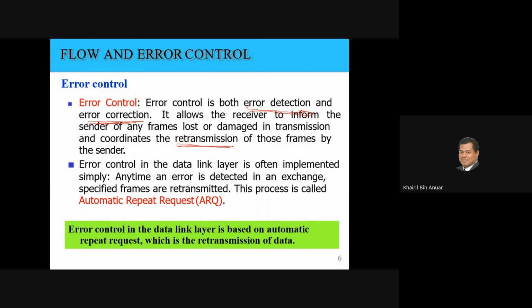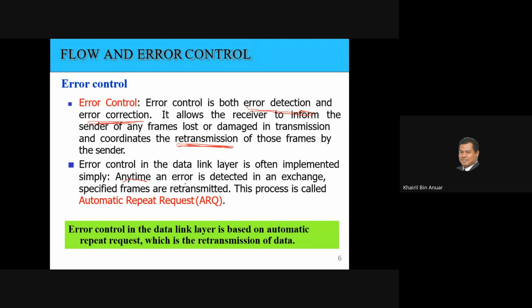But if you are able to use forward error correction, where you send an additional chunk, so that you are able to correct the message without having to retransmit, then it is much better. Error control in the data link layer is often implemented simply.